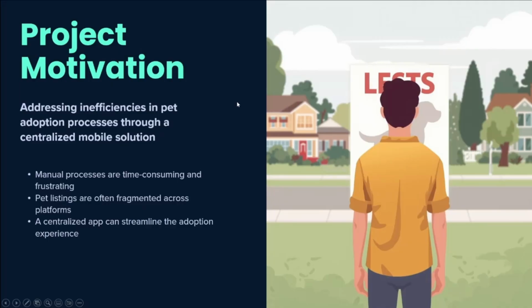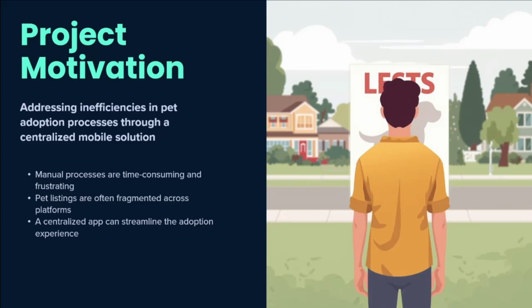Project motivation. The motivation behind this project is personal. A few months ago, I adopted a cat. The process was honestly frustrating. It was difficult to find centralized information, communication was slow, and there was no structured digital platform to manage the process efficiently. So I found a local animal association near my house.